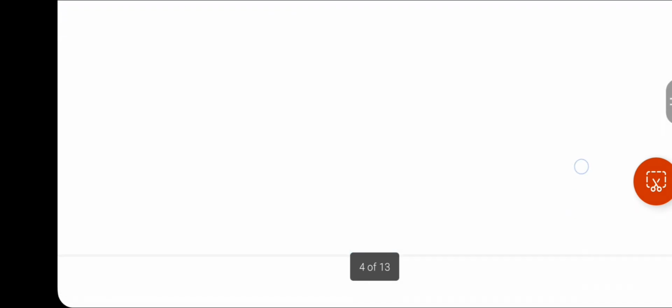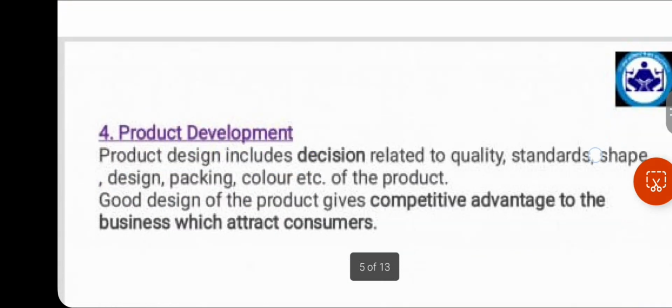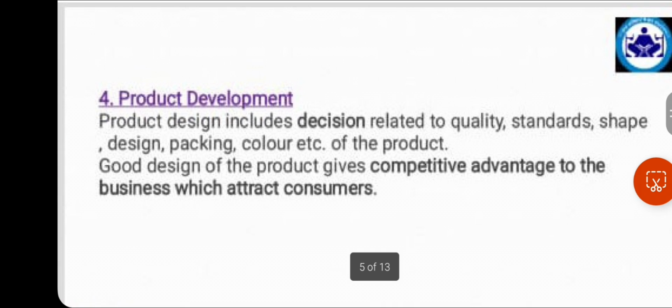Moving on to the next function, product development. This product development and design plays an important role in the selling of the product. It is a systematic process of designing the product to suit the needs of the consumer and also to attract them.